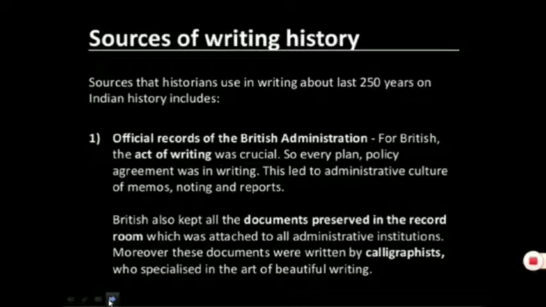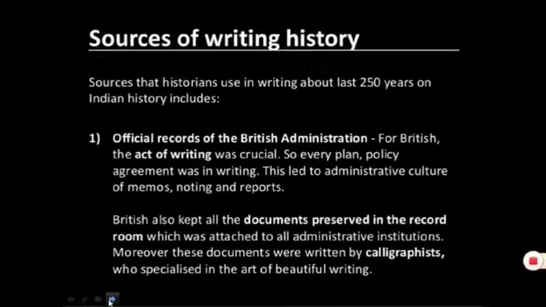Sources that historians use in writing about the last 250 years of Indian history include, first, official records of the British administration. For the British, the act of writing was crucial. So, every plan, policy, agreement was in writing.